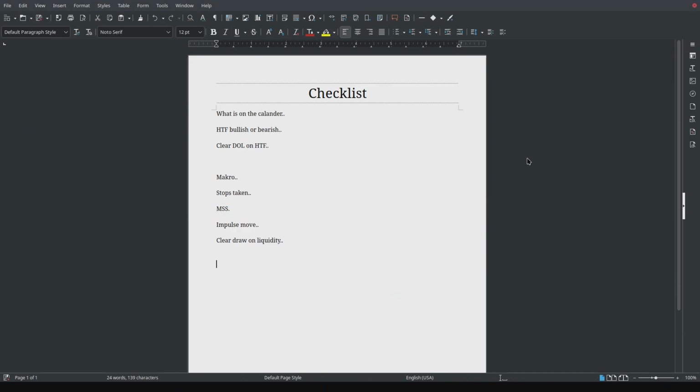You are now looking at the checklist. So first off, we have what's on the calendar. This would just be you glancing at the calendar, looking at what would be on the calendar. Is there any high impact news events? And do those coincide with the specific time that you would like to take that trade on? We then have higher time frame bullish or bearish.